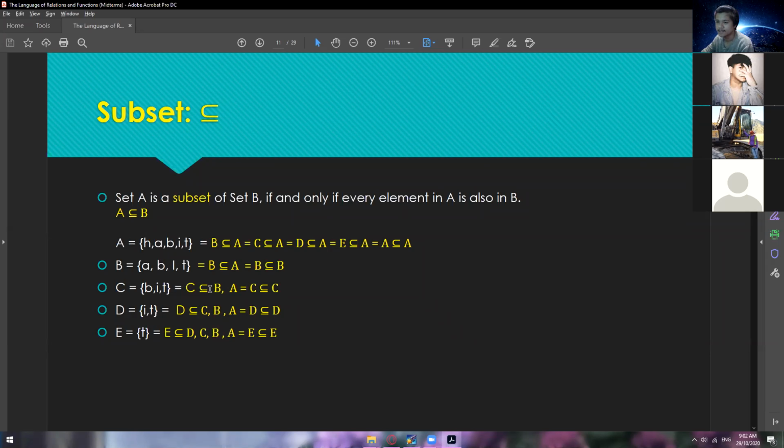So C is a subset of B, D is a subset of C, and E is a subset of B. Your hint here is, as long as all of the elements on the left side can be found on the right side, that is already a subset. And take note, this is the symbol for subset.